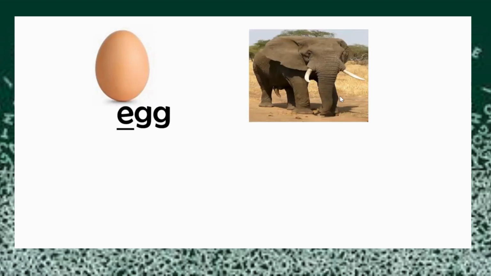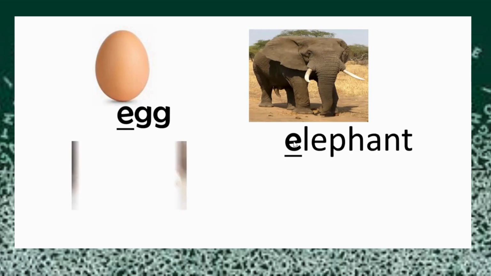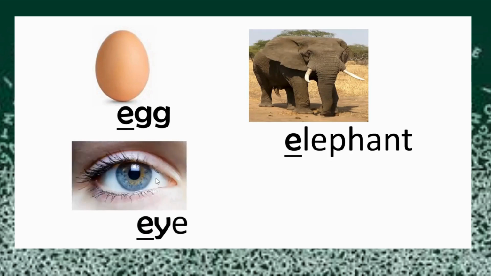So what is this? Egg. The first letter is E. The sound is E, a vowel. So we say an egg. The next picture is elephant. The next picture is I. One eye.